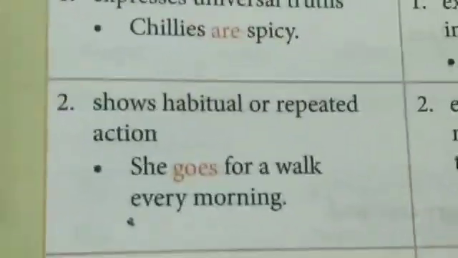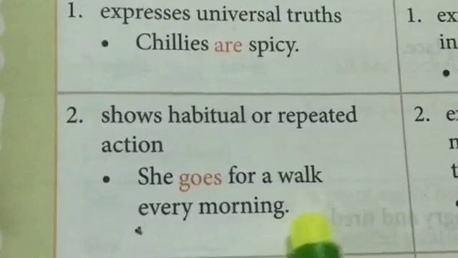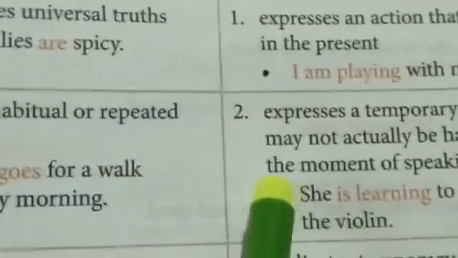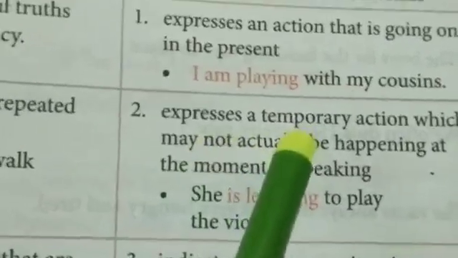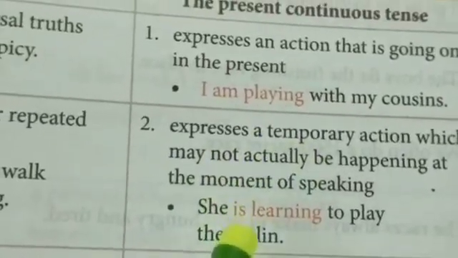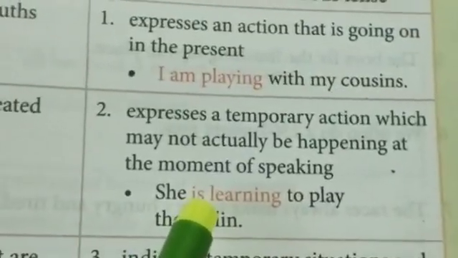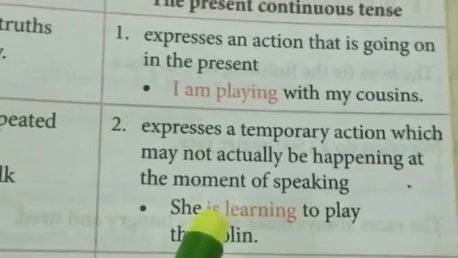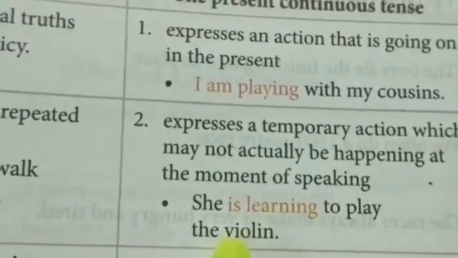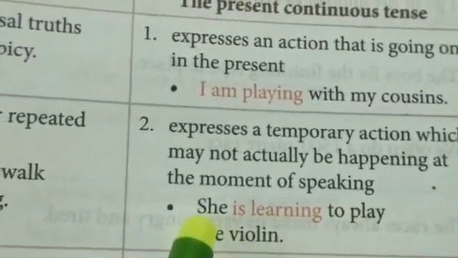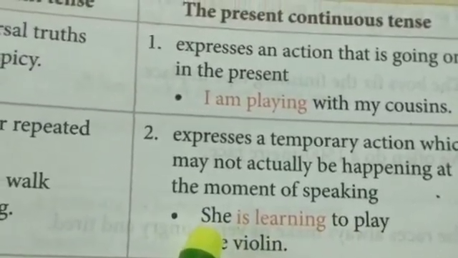Okay, like she goes for a walk every morning. But if you have to express a temporary action which may not actually be happening at the moment, like she is learning to play violin. So what is she doing?